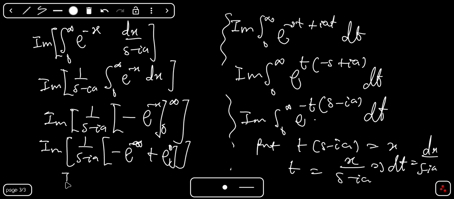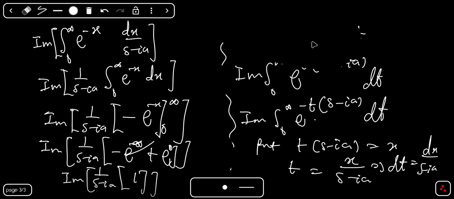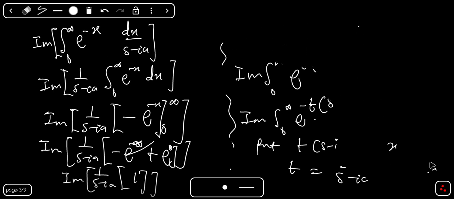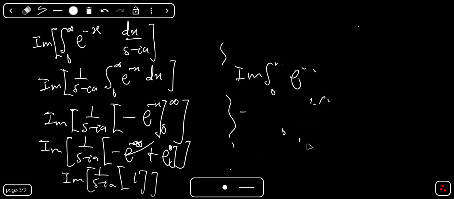So this should be 0 minus 1... Alright, so what we have now is the imaginary part of 1 over s minus ia. Let me clean these parts so that we can have some space to solve the remaining problem.